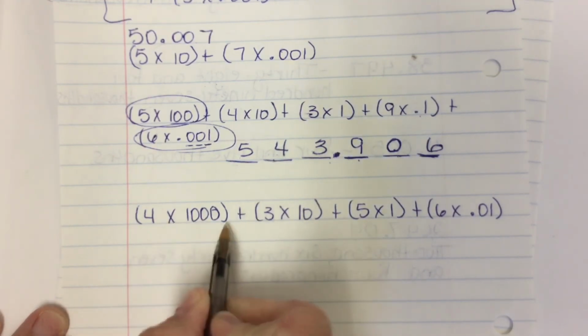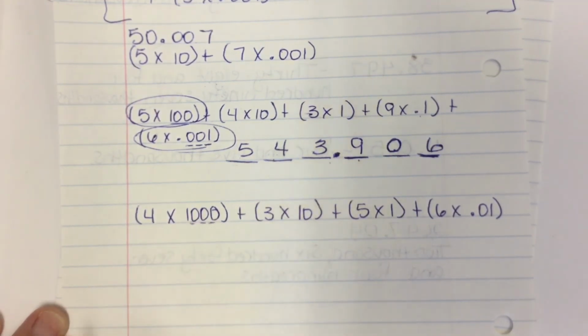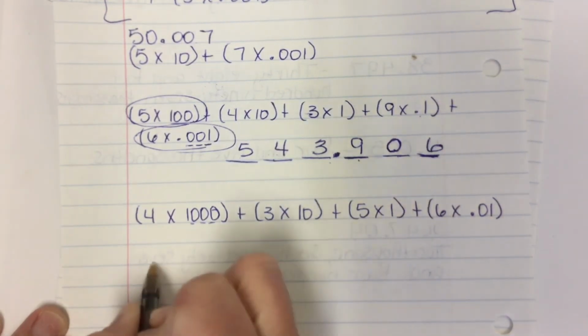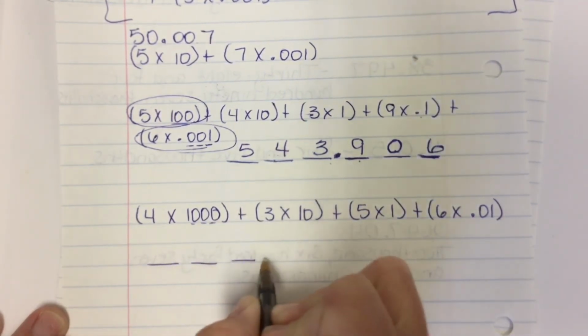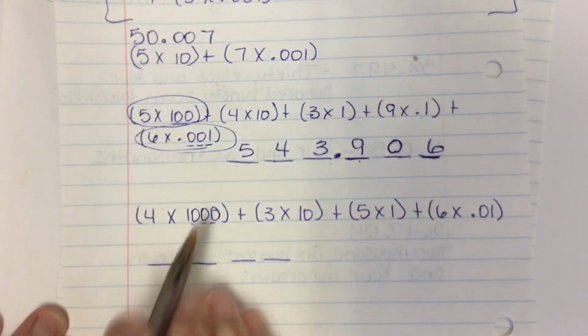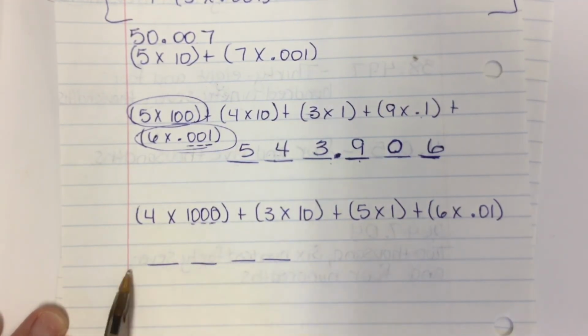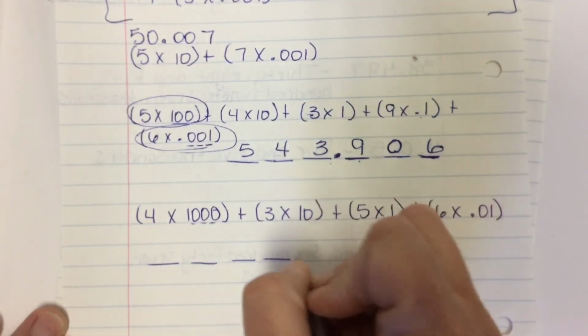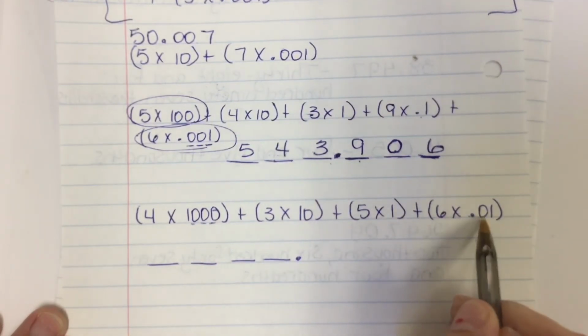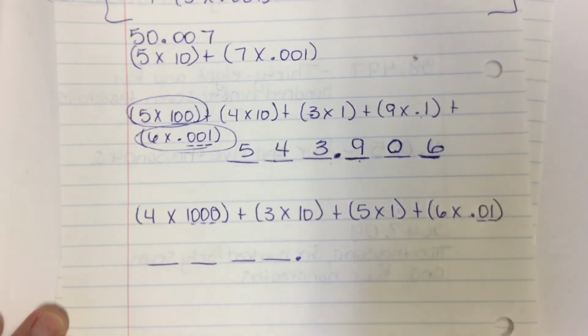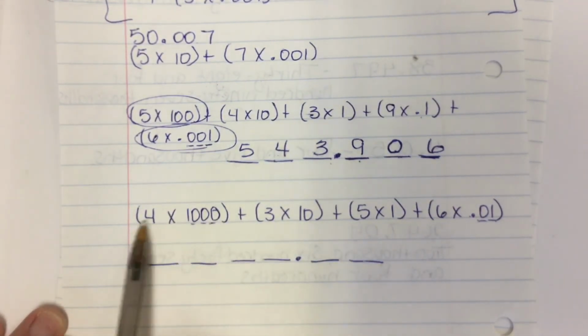Okay, so 4 times 1,000, so that's 1, 2, 3 place values to the left of the decimal. 1, 2, 3, 4 total. 3 zeros and a 1. So 4 total places because I'm going to the thousands. Add a decimal. Decimal 0, 1, so I'm going 2 places to the right of the decimal. 1, 2. So there's this quick and easy lineup. Now I'm going to start with 4 times 1,000.